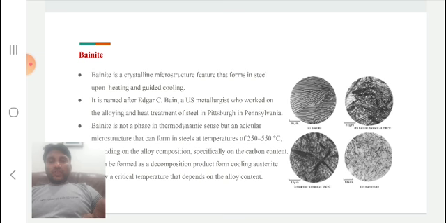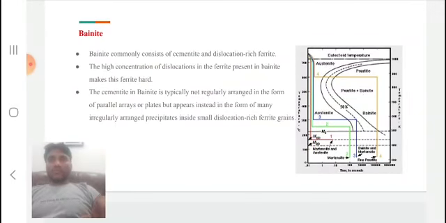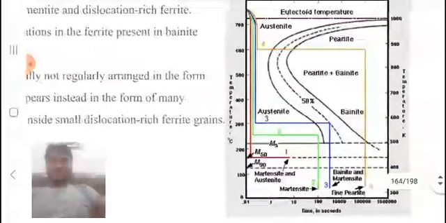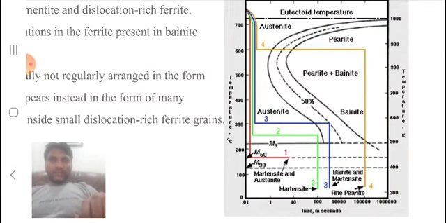If we take a hypoeutectoid steel and heat it above the A3 line and then cool it, as we can clearly see in the picture, cooling it below the nose, escaping the nose, and holding the steel at around 300 degrees centigrade until the entire austenite transforms into bainite.